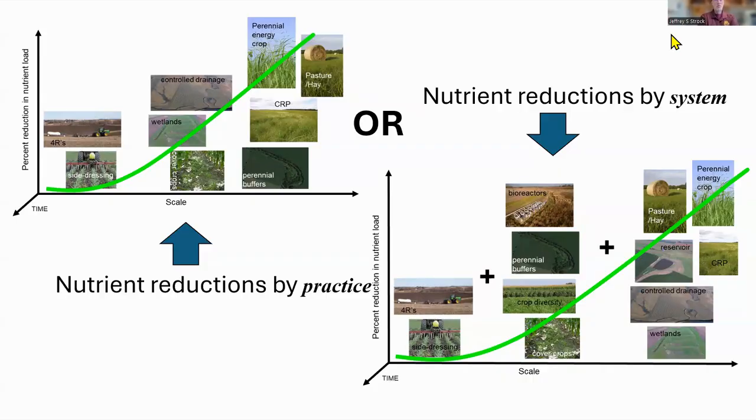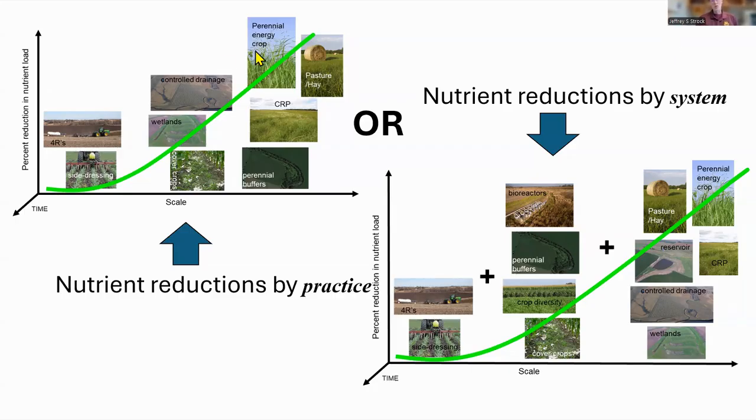The lower left would be indicative of just nutrient management. We're going to get some benefit, but if we scale up a little bit more and implement some edge of field practices like controlled drainage or saturated buffers, we can achieve more reduction, and of course those perennials all the way to the right. That's one way to think about it.